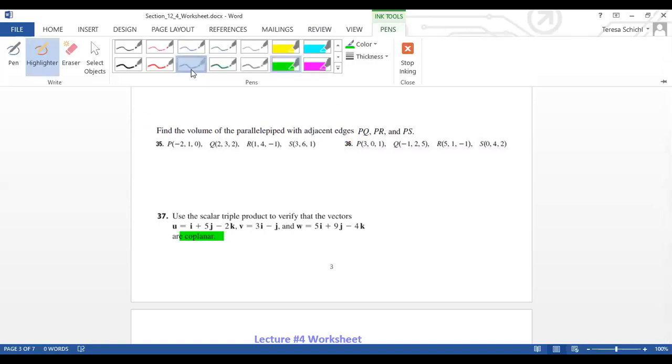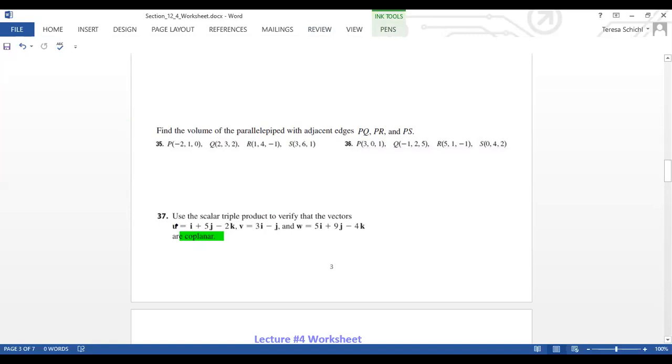This problem says I have 3 vectors, U, V, and W. Any 2 vectors can always be on a plane, so any 2 vectors are coplanar. But if I have a third vector, how do I check coplanarity?